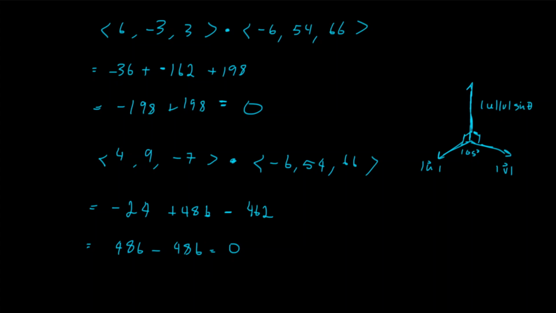I want to do one last thing with the cross product, and that is, given 3 points, A, B, and C, can you find the equation of a plane given 3 points?